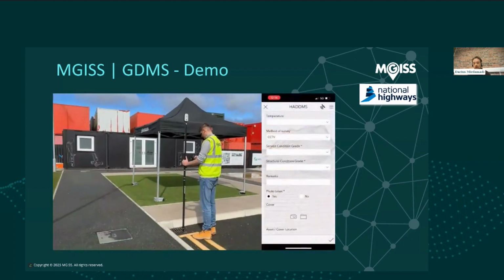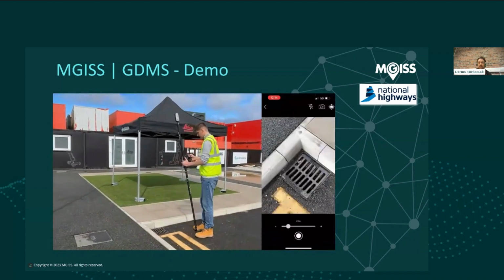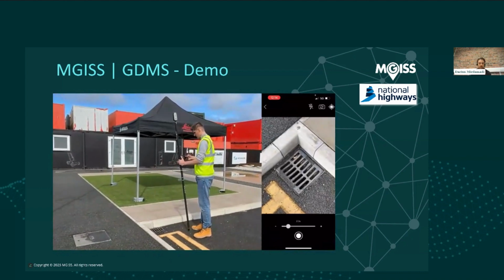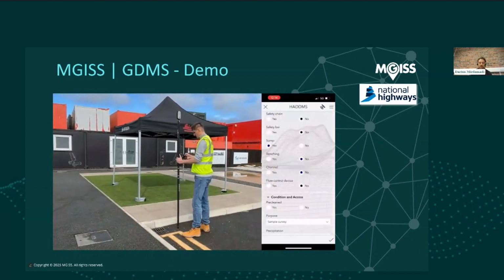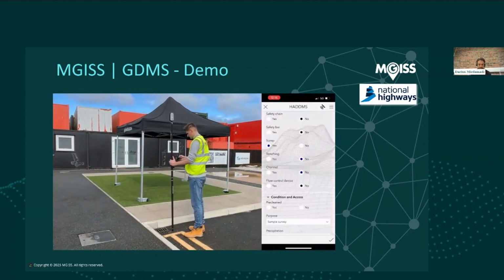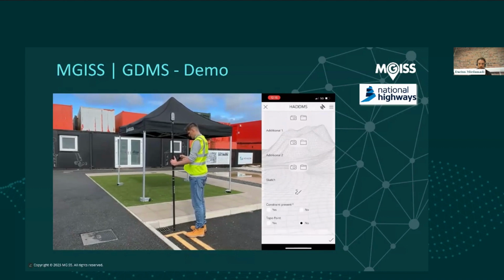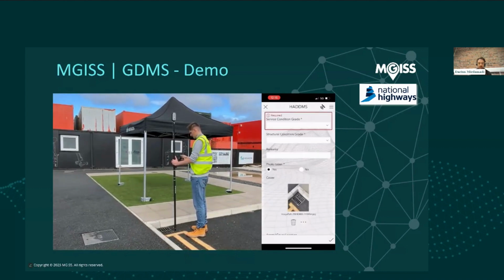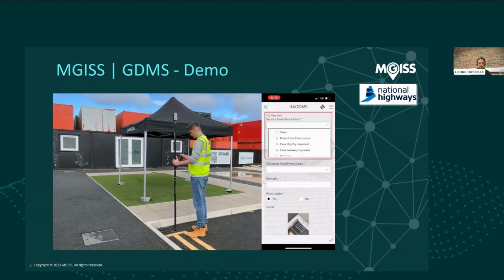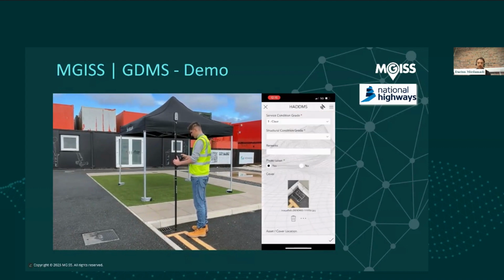Following this, a GDMS compliant Survey123 inspection form is launched and the asset inventory detail is captured. So the form includes photo attachments, and submission will be blocked before mandatory items are captured, such as condition here.